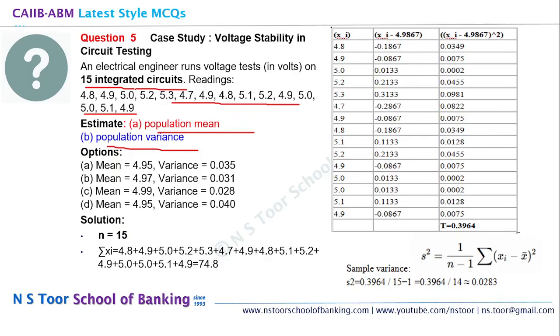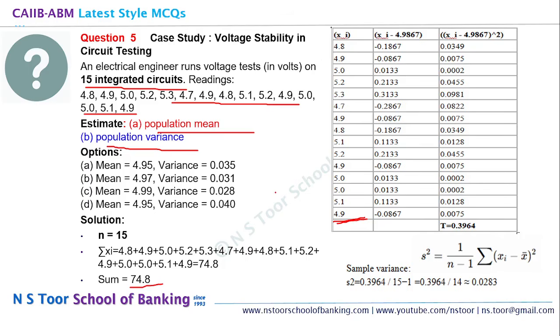When we have to calculate the mean, what do we have to do? We have to take the total of all these readings for the 15 integrated circuits. So sum of xi. The sum total of this is 74.8, if I total all of them.